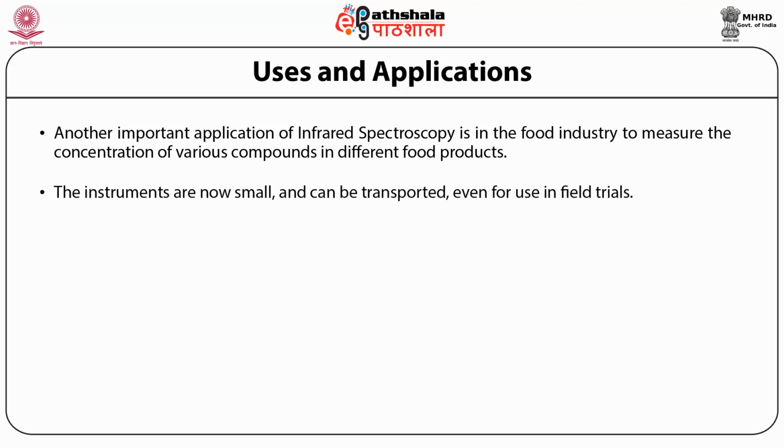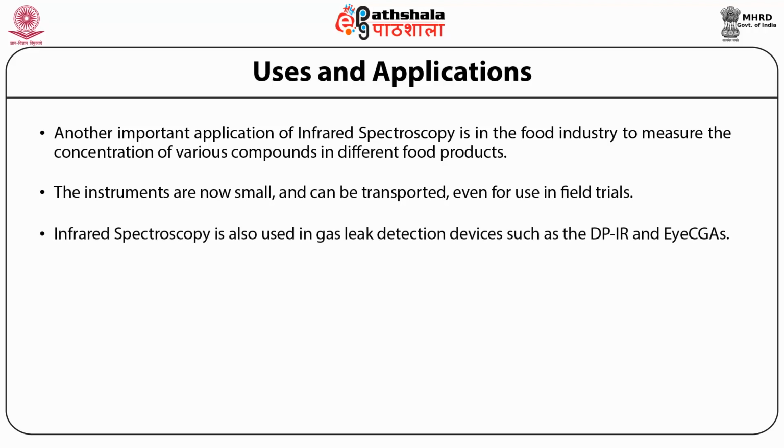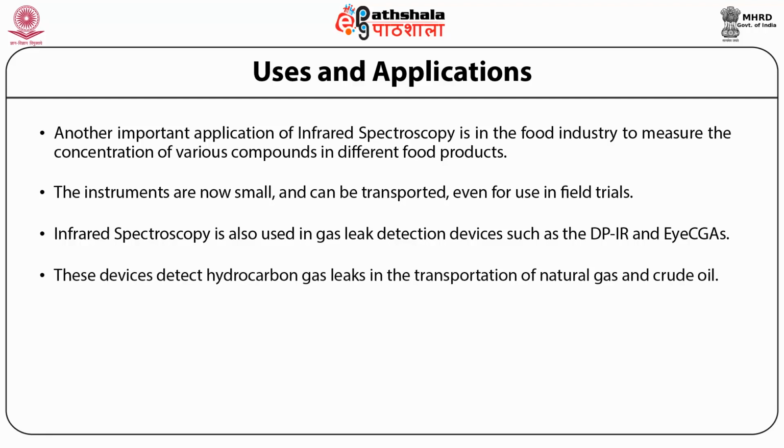The instruments are now small and can be transported even for use in field trials. Infrared spectroscopy is also used in gas leak detection devices such as the DP-IR ICGAs. These devices detect hydrocarbon gas leaks in the transportation of natural gas and crude oil.